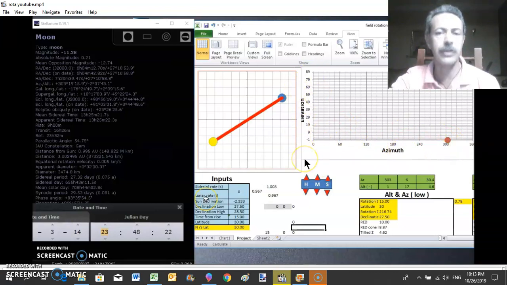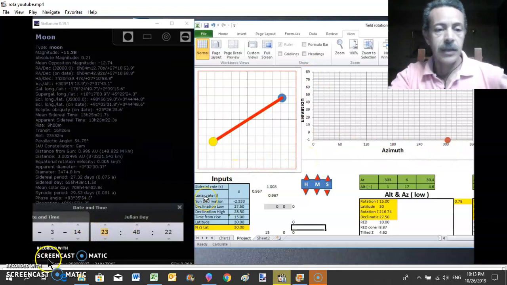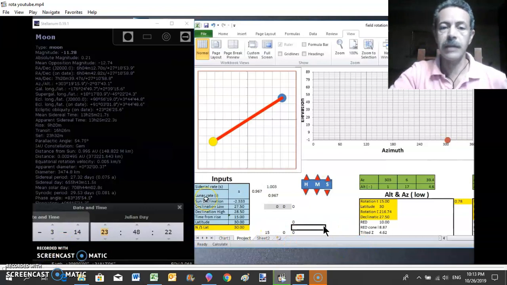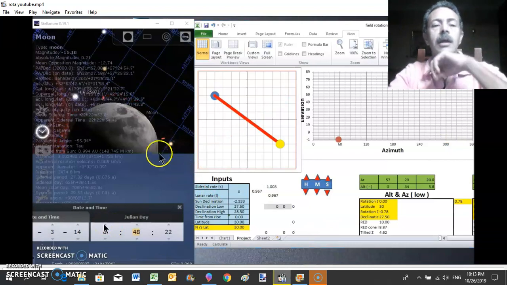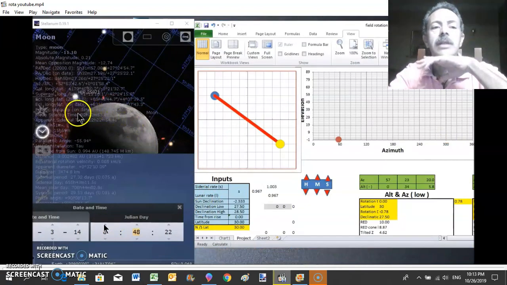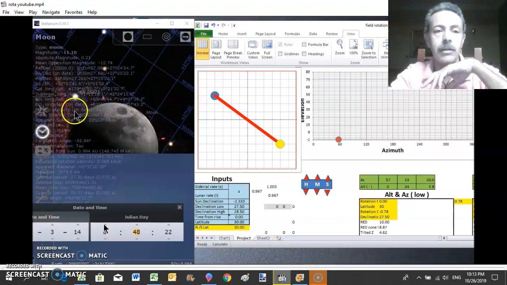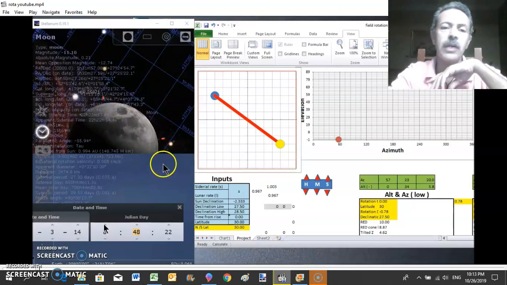As an additional thing, I made a graph for azimuth and elevation. So how did I do this? I want to get back to the moon. Yeah, there it is. So the first thing, I imagined two imaginary stars. One is slightly above the moon and one slightly below the moon.